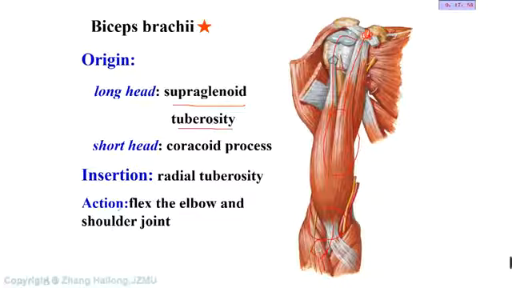Yeah, flex the elbow. And on the superior part, because it's from the scapula and on the humerus, when the superior part contracts it will make your humerus move forwards. And this function is flexion of your shoulder. So the function is to flex your elbow and shoulder. Okay, that's about the biceps brachii. Now let's see the software again.